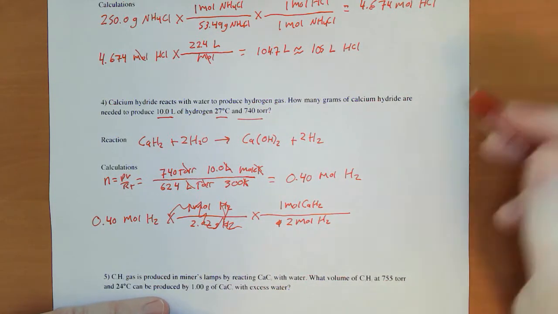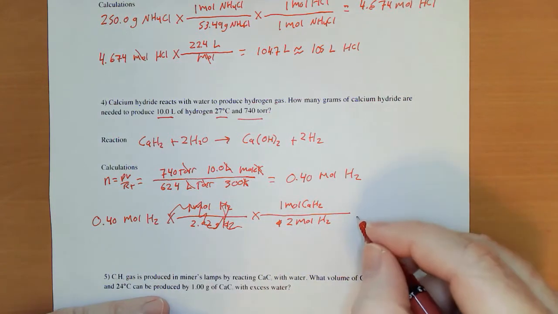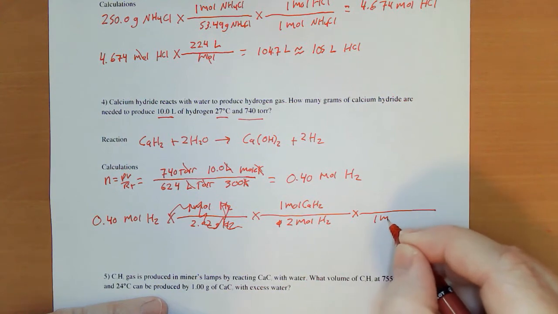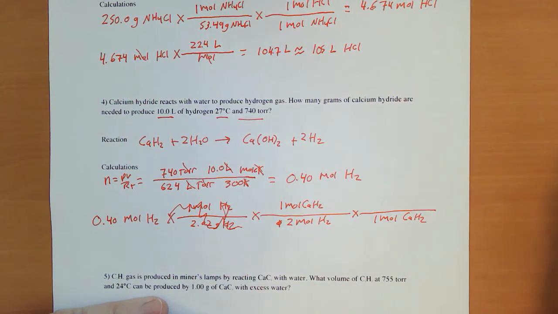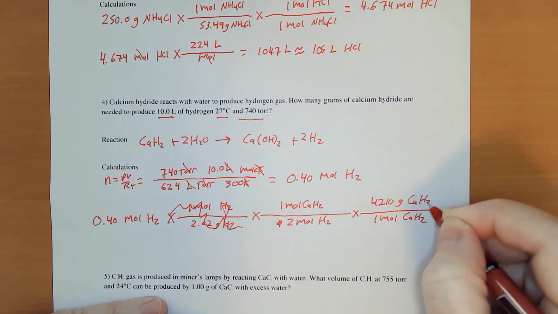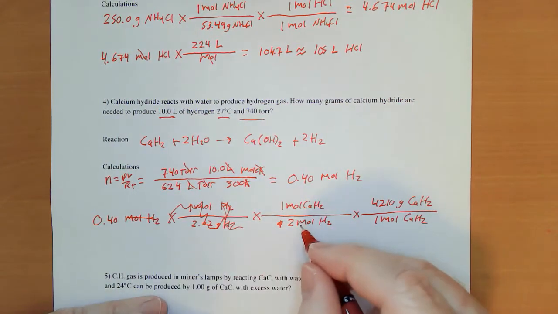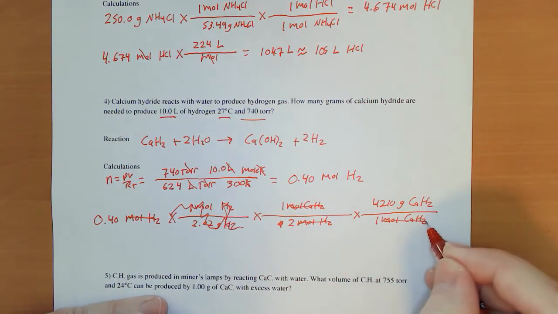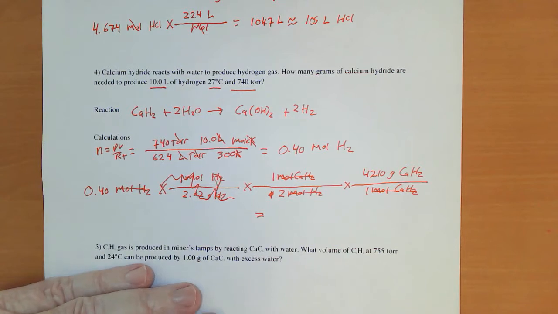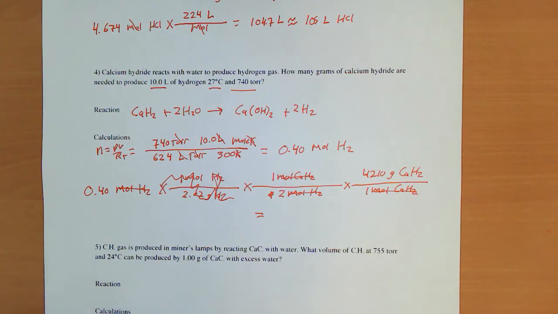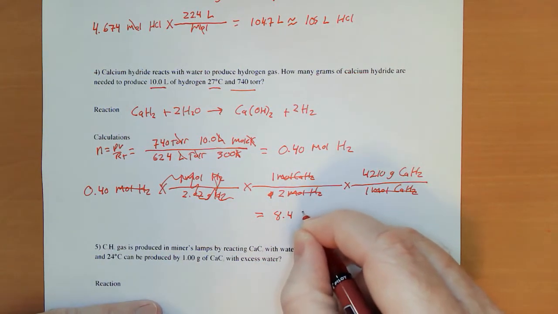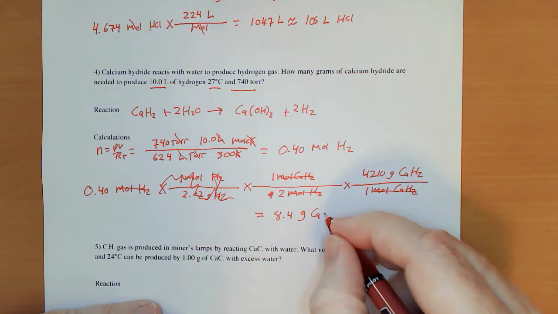That's me being silly, not looking at things carefully. Moles to moles. And then I can say 1 mole of CaH2 at 42.10 grams of CaH2. And every time I make a mistake, it seems to be pointed out to me almost immediately by the units. So I'm kind of happy that happens sometimes. It shows you how important it is to keep track of the units. All right? So about 8.4 grams CaH2.